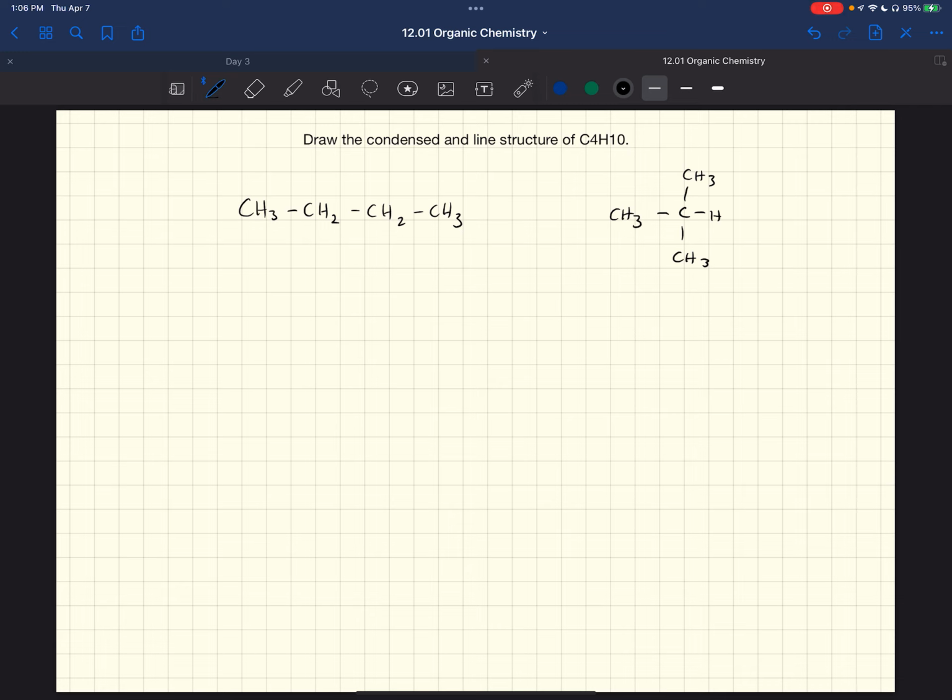So this structure does work for C4H10. Okay, it's no longer butane. It's something else. It's actually a propane. But these are the same formula, but different structures. And really what I mean by that is different attachments of atoms.